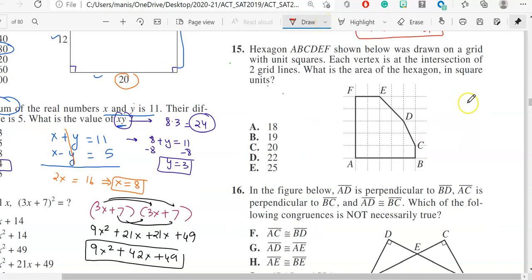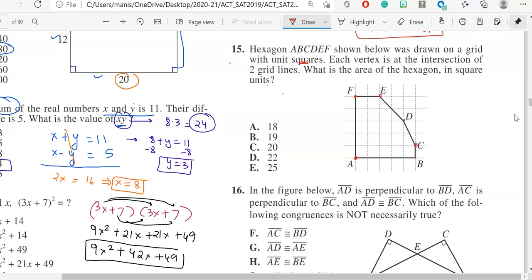Question number 15 says hexagon ABCDEF shown below was drawn on a grid with unit squares. Now when it says squares, this means all four sides are equal. Each vertex is at the intersection of two grid lines. What is the area of the hexagon in square units?